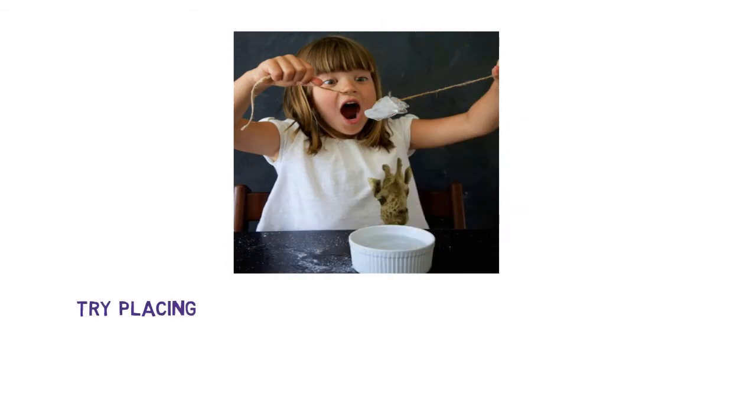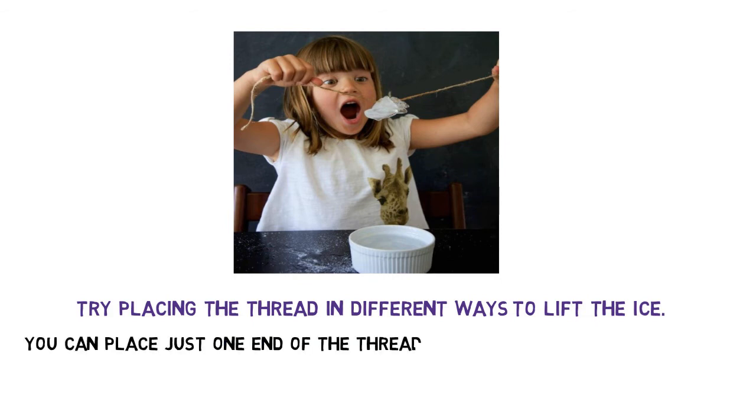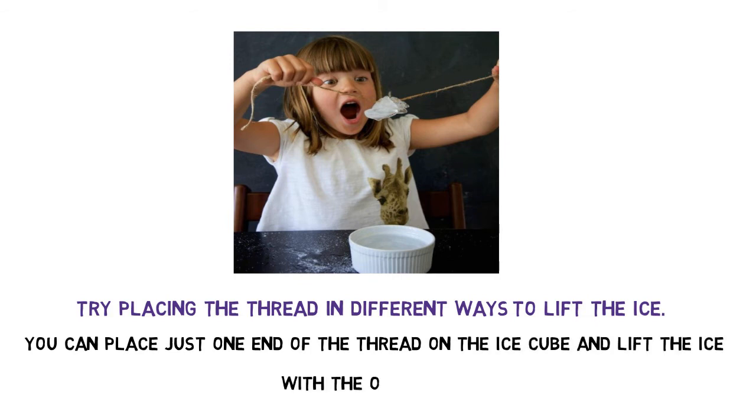Try placing the thread in different ways to lift the ice. You can place just one end of the thread on the ice cube and lift the ice with the other end. So, students, you can do this simple experiment at home by yourself.